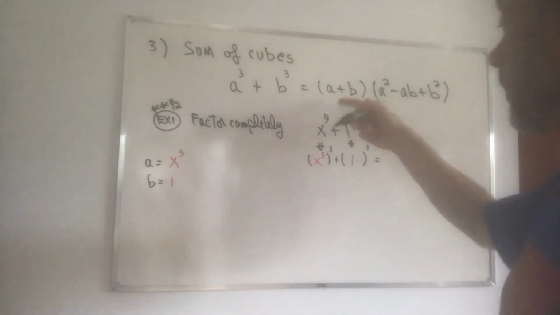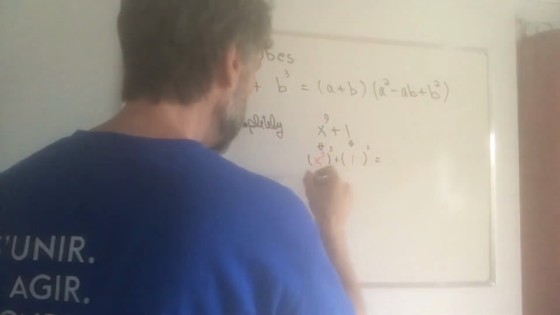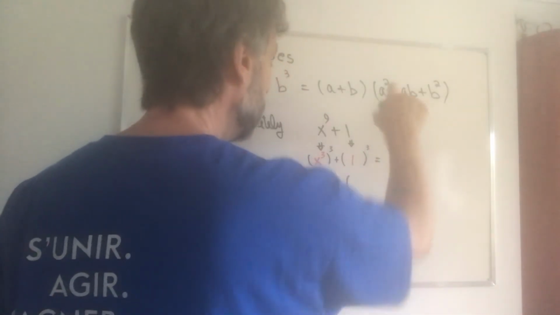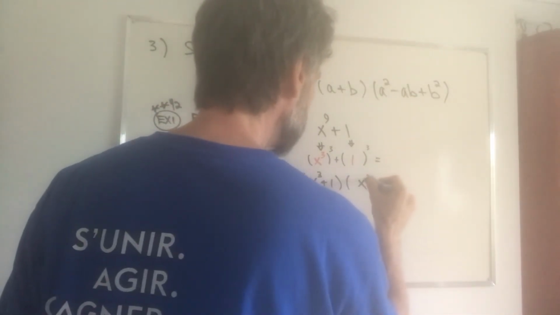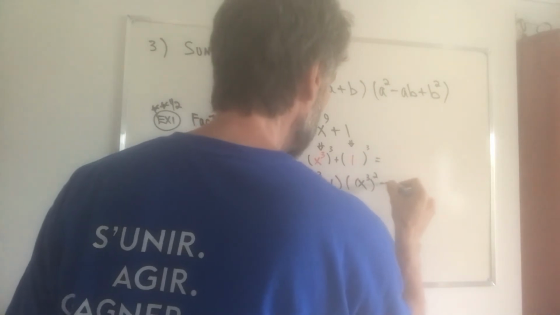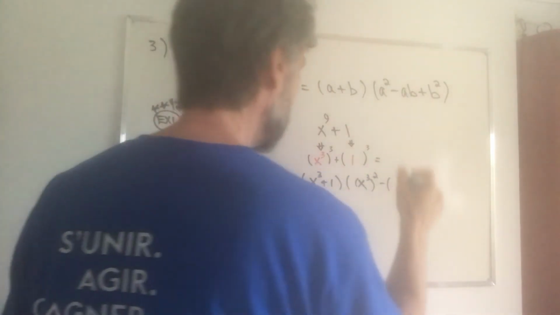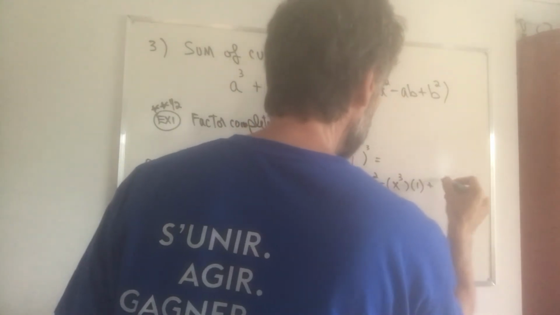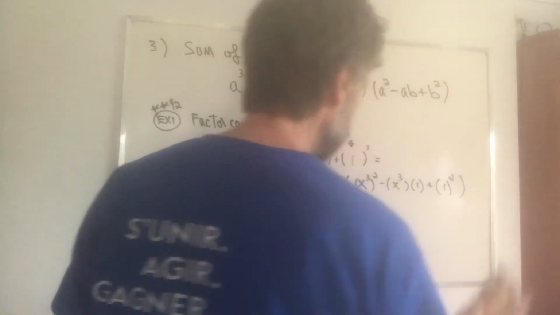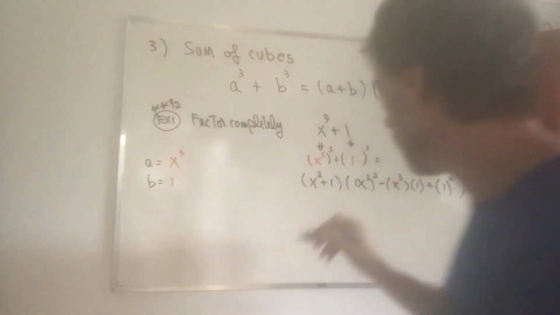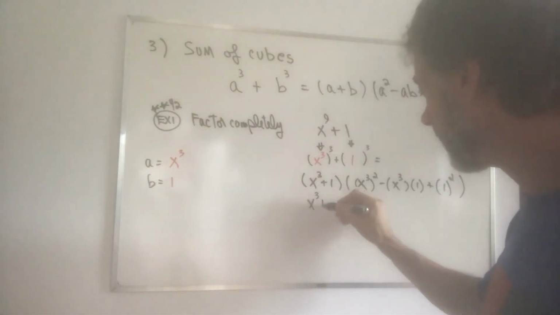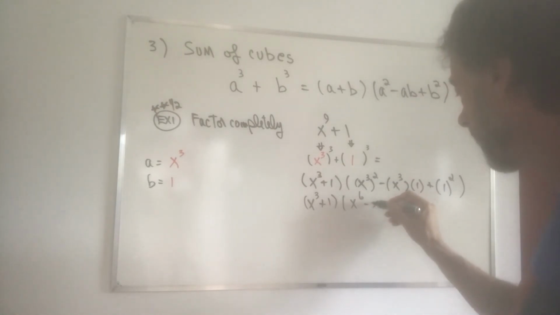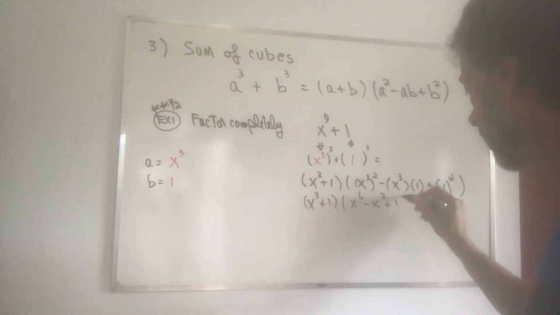So, doing my A plus B here, I get x cubed plus 1. And then doing A squared, so x cubed squared, minus this time, x cubed times 1 plus 1 squared. So that would be x cubed plus 1 times x to the 6 minus x cubed plus 1.